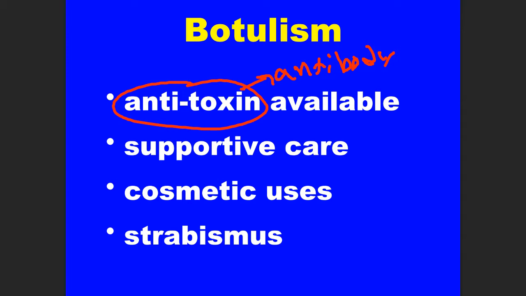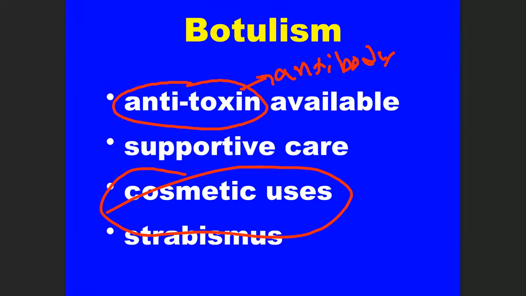And before I leave botulism, the other thing you might remember about botulism is that it's used cosmetically. This is the Botox that some people use to smooth out the wrinkles in their face, to diminish the looks of aging. And what the toxin is doing in the face is it's literally paralyzing the muscles in the face.